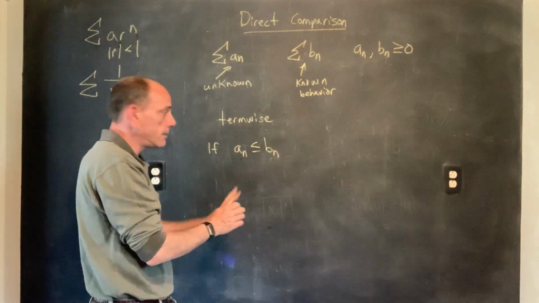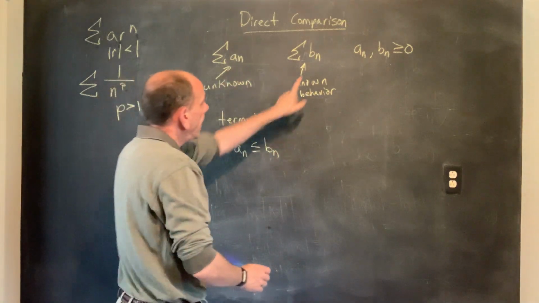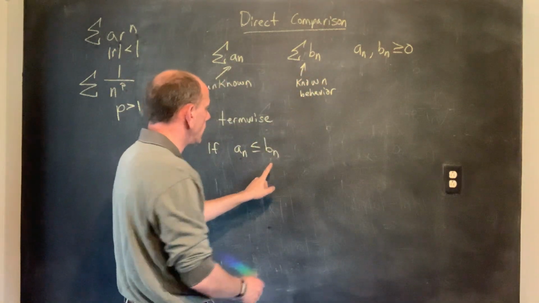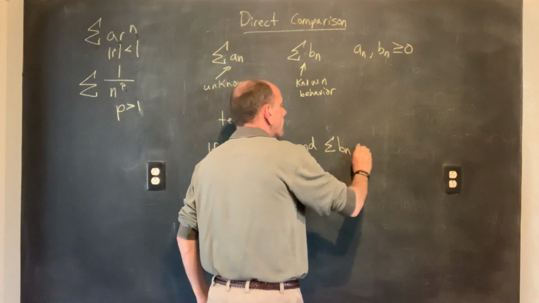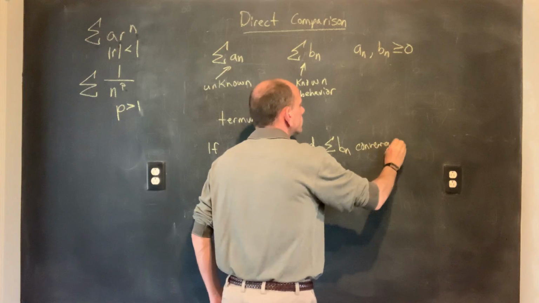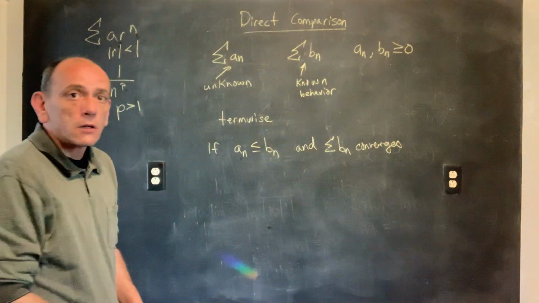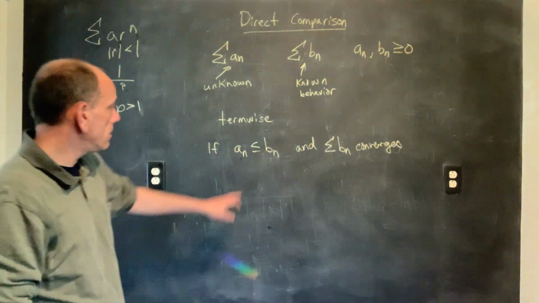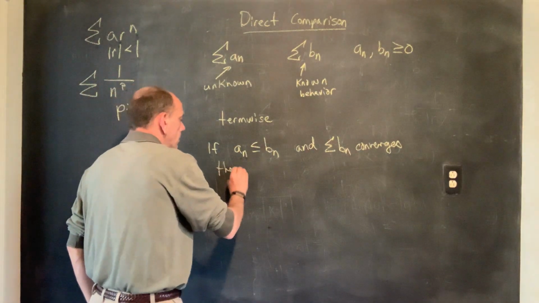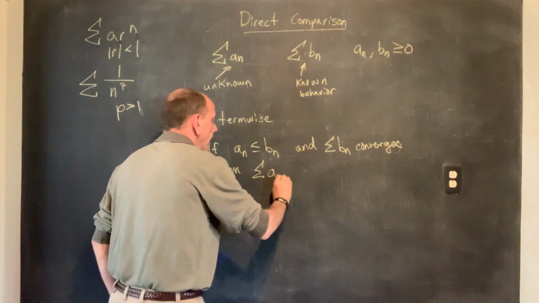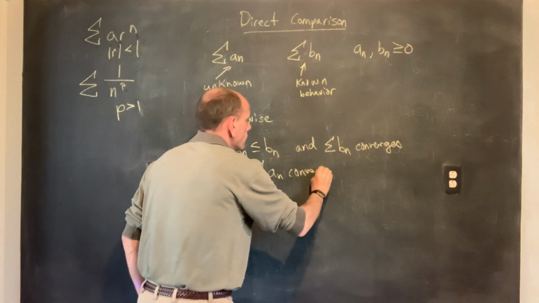If A sub n is less, and I know that the series B sub n converges, then I know for certain that the series A sub n converges.